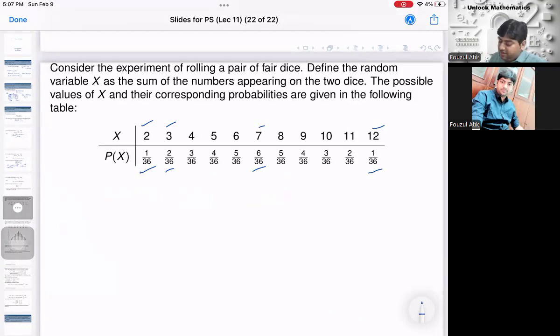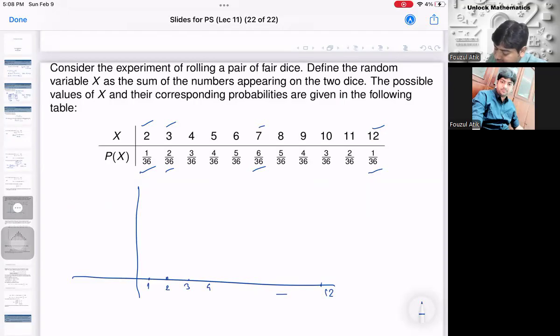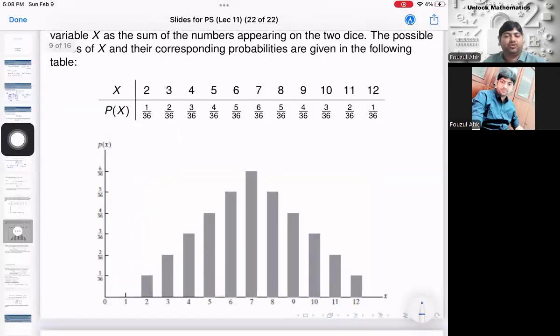Right? Then we can certainly plot them on the x-axis and y-axis. On the x-axis, you will put the random variable values, say 1, 2, 3, 4, like that, and it goes up to 12. And on the y-axis, you will plot the probabilities. We have already made it, so I can show you that.